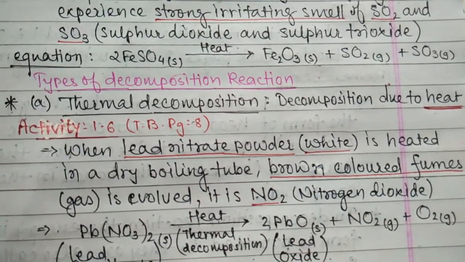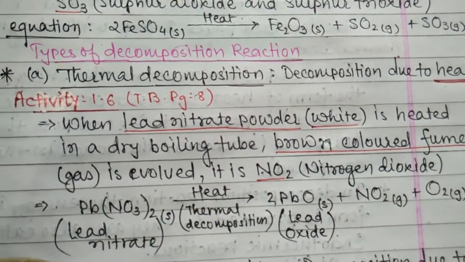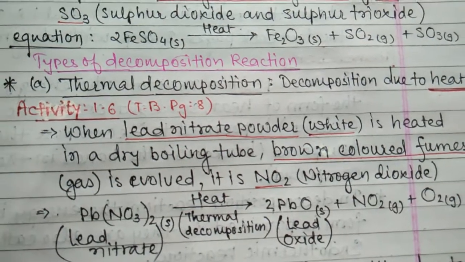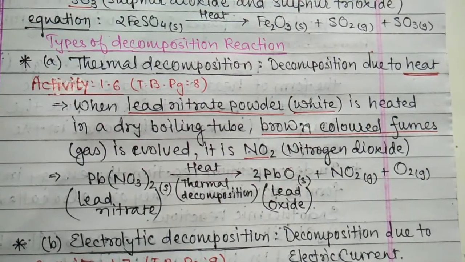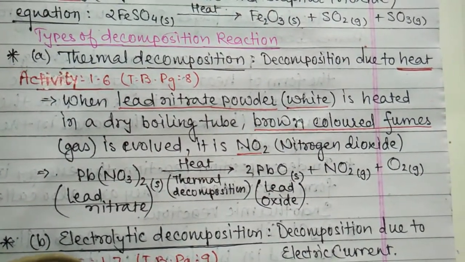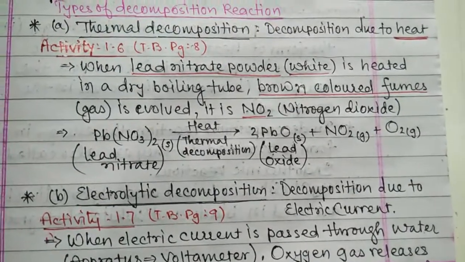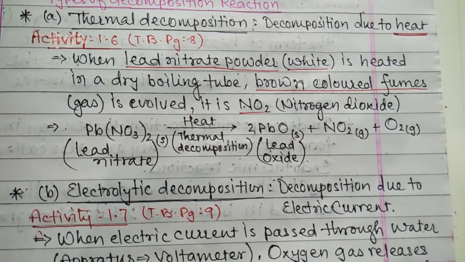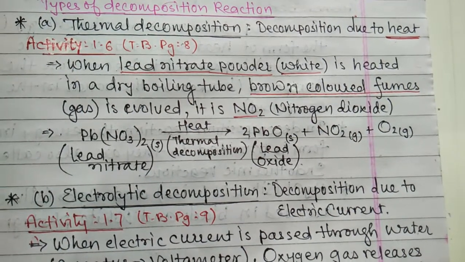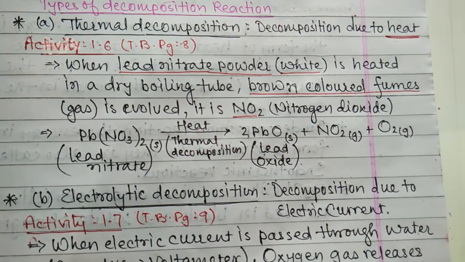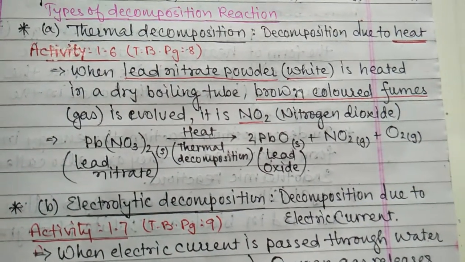Types of decomposition reaction. The first is thermal decomposition. When decomposition takes place due to heat, it is called thermal decomposition. Activity 1.6 from the textbook, page number 8. When lead nitrate, which is a white powder, is heated in a dry boiling tube, brown fumes or gas are evolved.